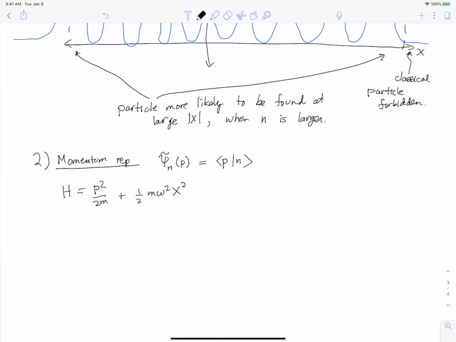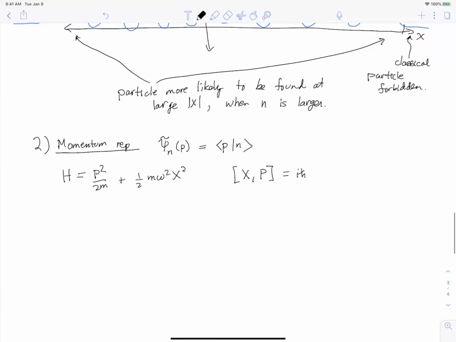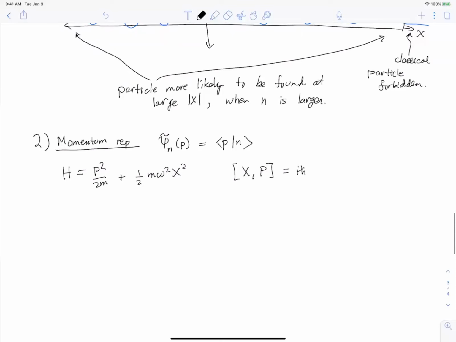The other thing that's important is the commutation relations, where x commutator with p is i h bar. And so that would be the same if we replaced x with p, but then there would be a minus sign, so we have to replace i with minus i. Okay, so the whole problem is unchanged if we make the following replacements.